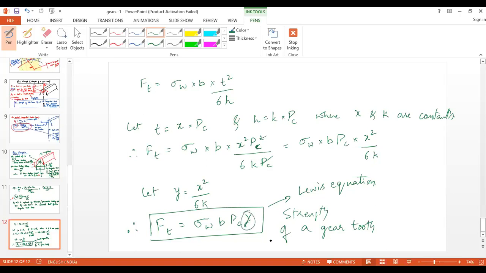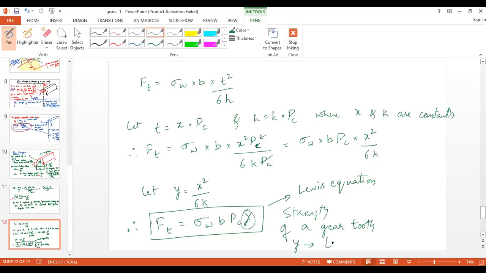And this term y is known as the Lewis form factor. We will see the values of y in the next class. But so far you understand this: this equation gives the strength of the beam, and this y is the Lewis form factor, which is a constant for the given gear.